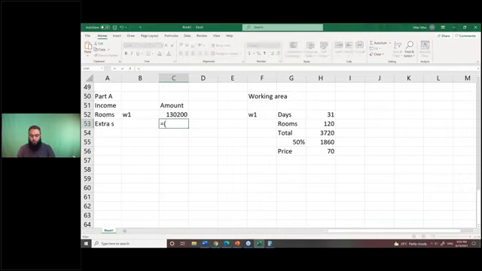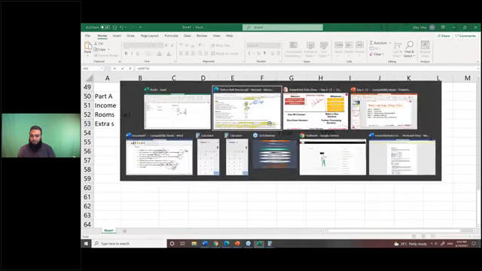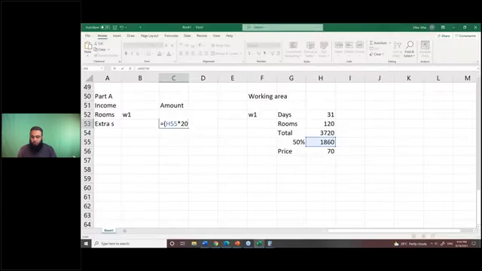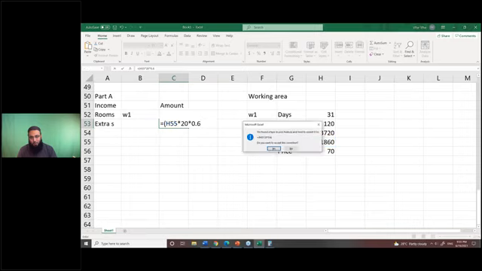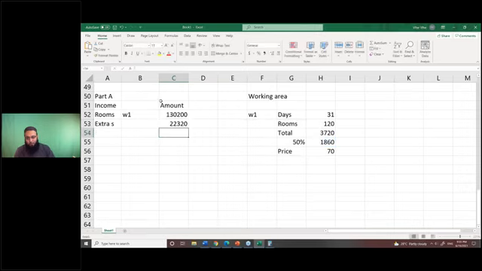So let's see. 1860 is basically the capacity that you will use. 20 is the rate per room into 60% is the contribution. Okay, so 0.6, I'm using 60% because that's the contribution, and this gives me the answer of 22,320, right?